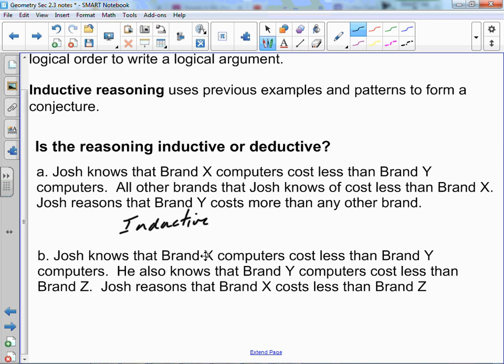So X is less than Y, but Y is less than Z. So X would also have to be less than Z. So this is all based on facts, things that he knows for sure. And so this one would be deductive reasoning.